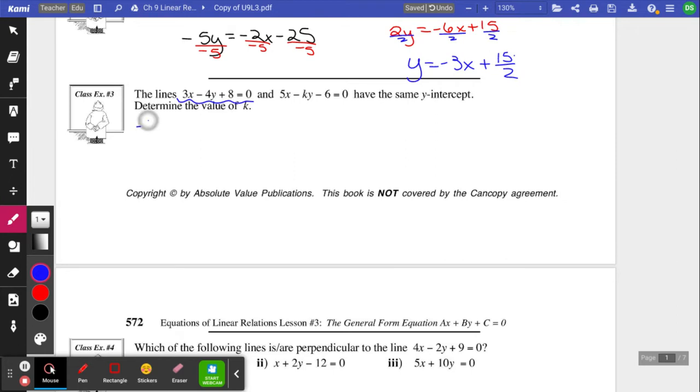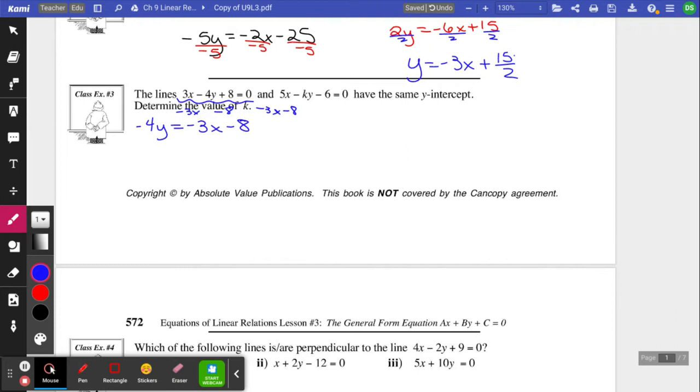So let's leave the 4y where it is. Let's move the 3x over and the 8 all at the same time. Are you pretty comfortable? Just do that, minus 3x minus 8. Are you okay with that? Want me to show the step? Okay, minus 3x minus 8. Okay, you understand?